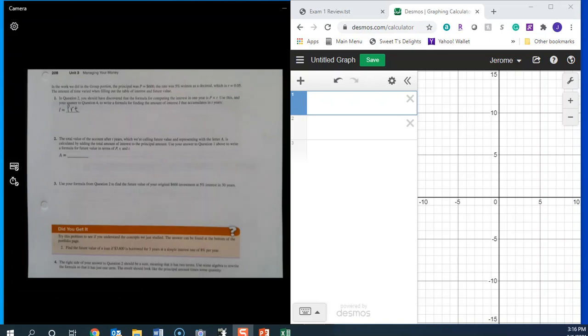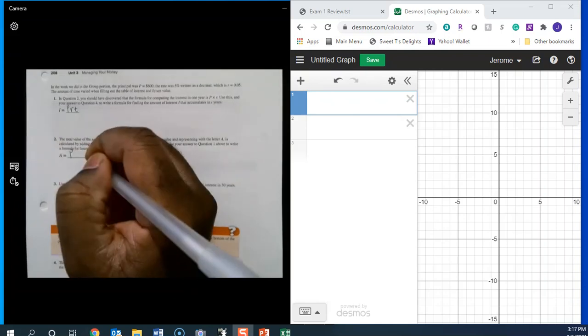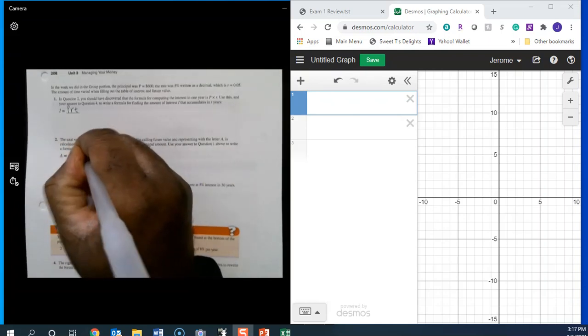Number 2, the total value of the account after T years, which we're calling future value and represent with the letter A, is calculated by adding the total amount of interest to the principal amount. Use your answer to question 1 above to write a formula for future value in terms of P, R, and T. Okay, now you have the principal plus the interest.